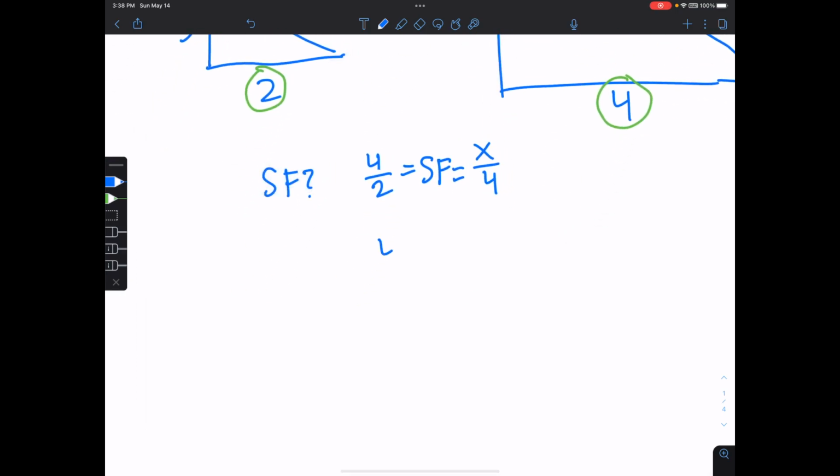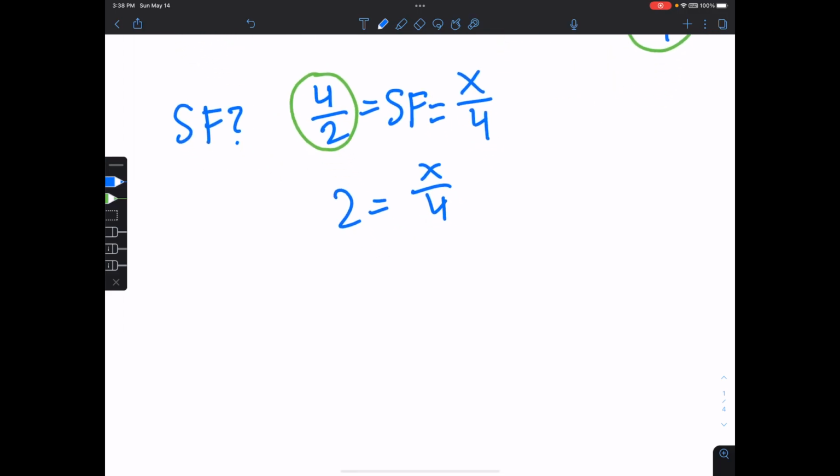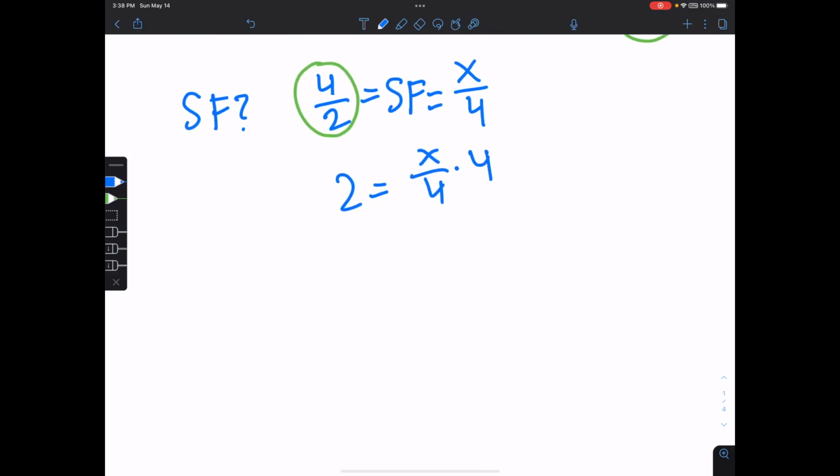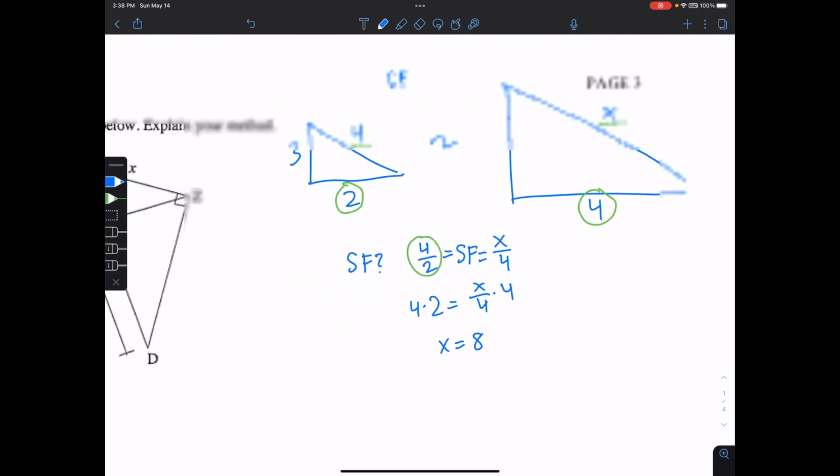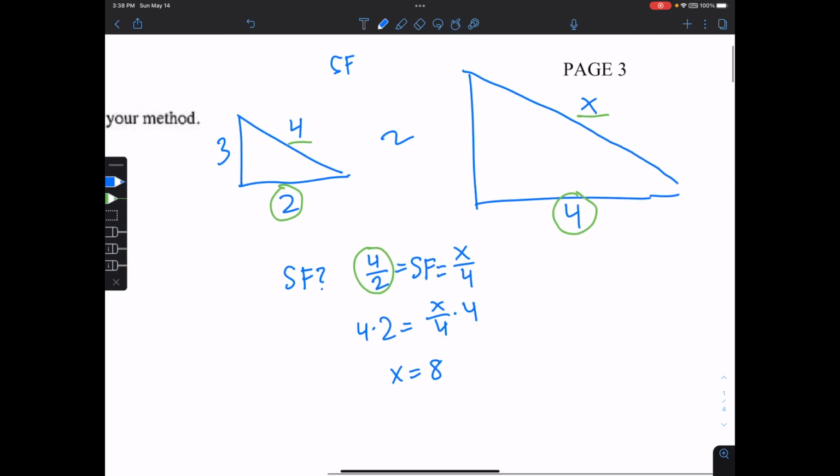Now we have our equation: 4 over 2, which becomes 2, is equal to x over 4. Multiply both sides of the equation by 4, and we get x is equal to 8. And that's the whole idea of this proportion.